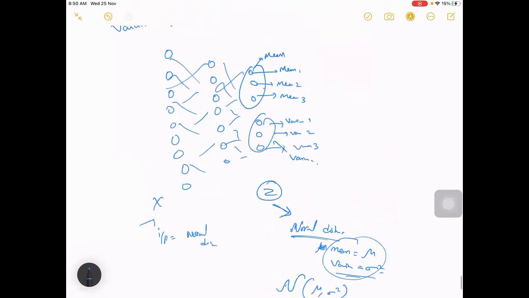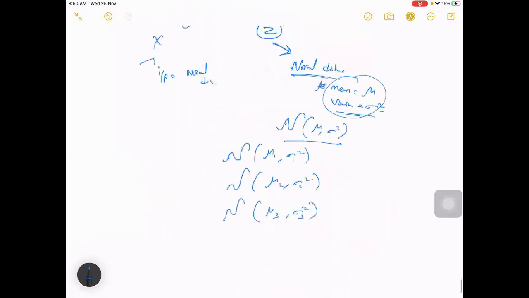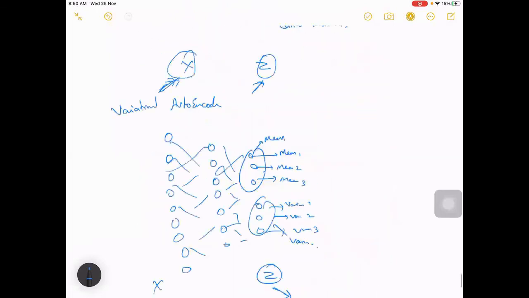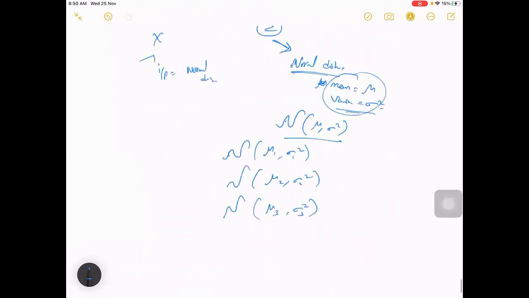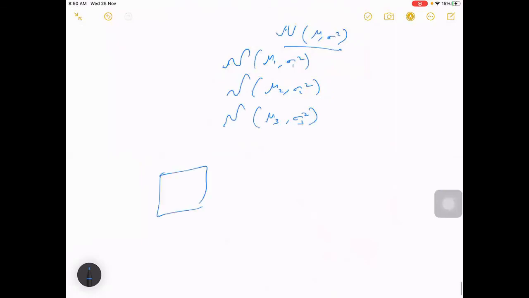What does this actually mean? Take the same example as before. You took an image, and from that image we try to have a distribution: skin color, hair color, tall, thin or fat, something like this, right?